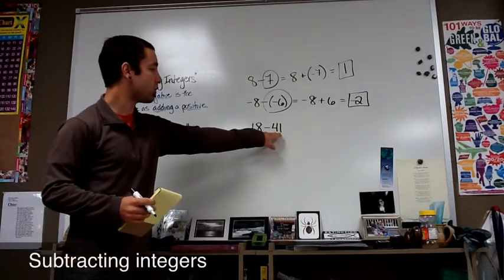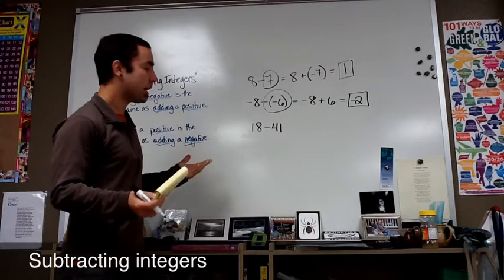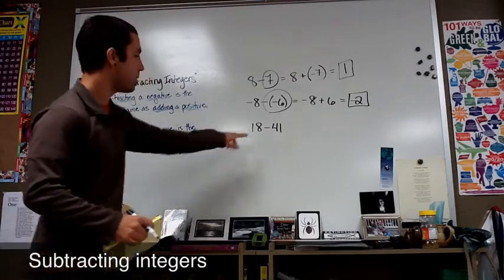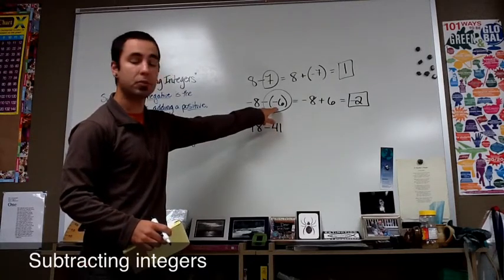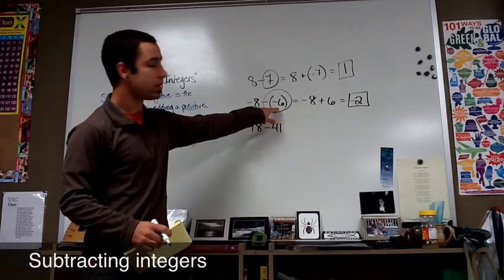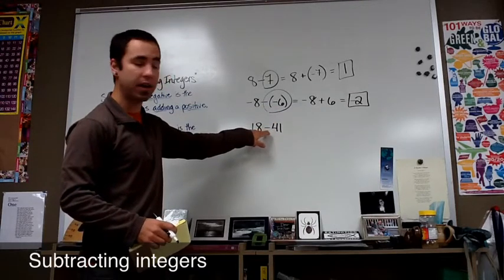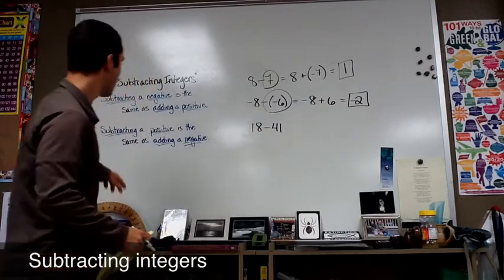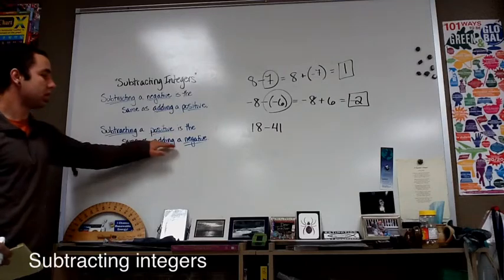I definitely know that I'm trying to take away more than I had to begin with. But how do I do that? Well, I'm subtracting a positive. I would know if it's a negative because if you look at our number 2 problem, it's in parentheses. So this is clearly a positive number that I'm subtracting because I don't have it in parentheses. So, subtracting a positive is the same as adding a negative.